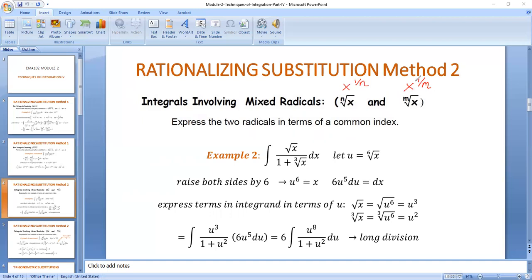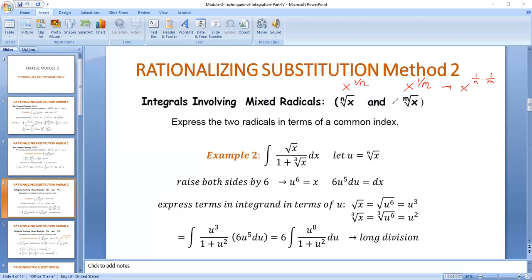You get the product of their roots or their exponents. So the resulting exponent would be x raised to 1 over n times 1 over m. After that, you assign a new variable, which is now raised to an exponent that is the product of the original exponents of your variable x.